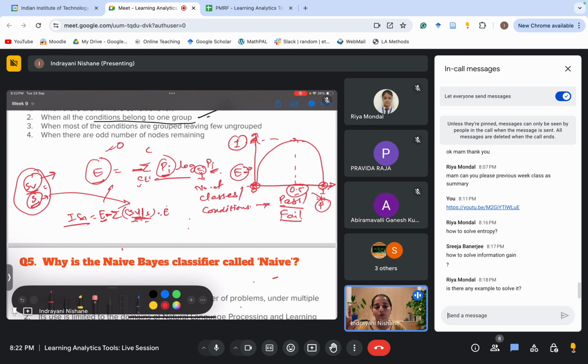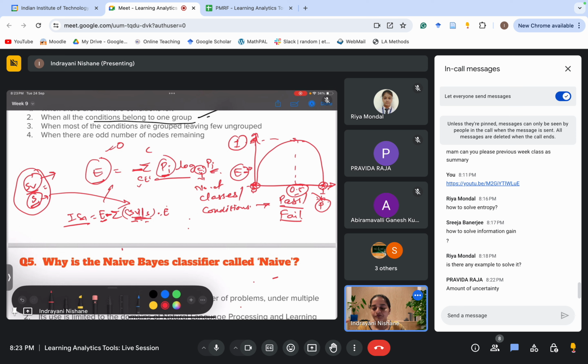So if all the data points belong to one particular class only, then the uncertainty or variability in our data set will be minimum, which is 0. If all our data points belong to only one particular class, then the probability of that class is 1, so the uncertainty or variability of the data set goes down, and entropy becomes 0.